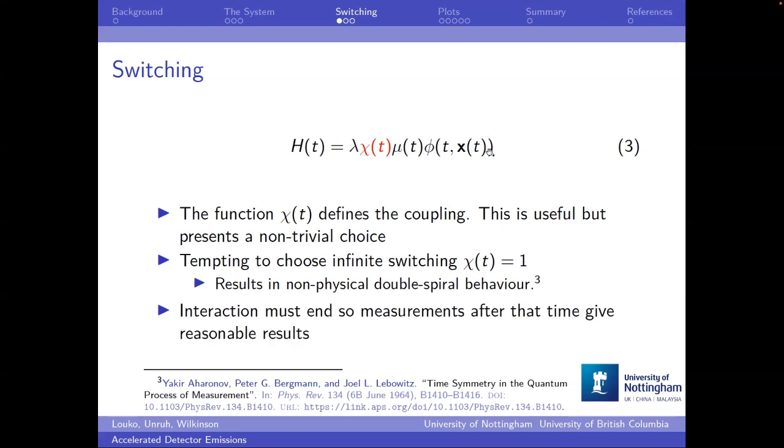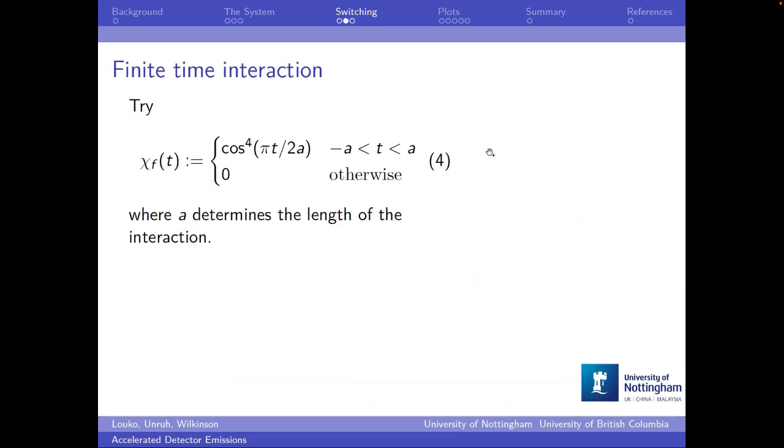So instead, we have to find some switching function which is defined only for positive times. Switching function which is compact and has some maximum time beyond which there is no interaction. First thing we considered was cos to the 4 interaction, which is very nice.